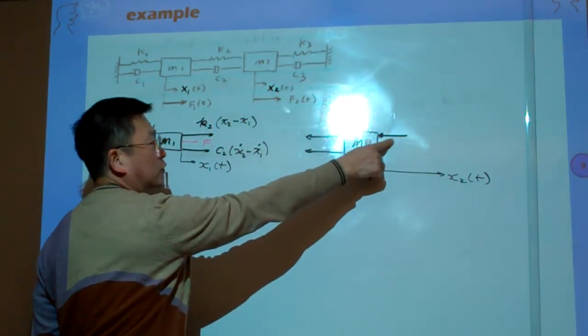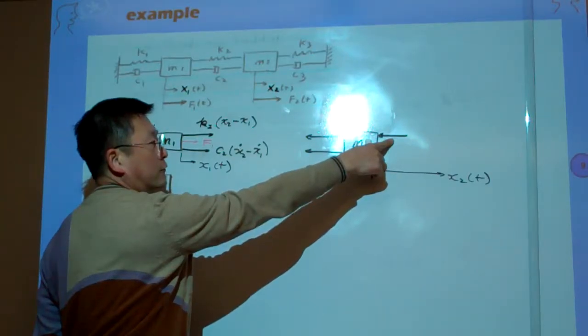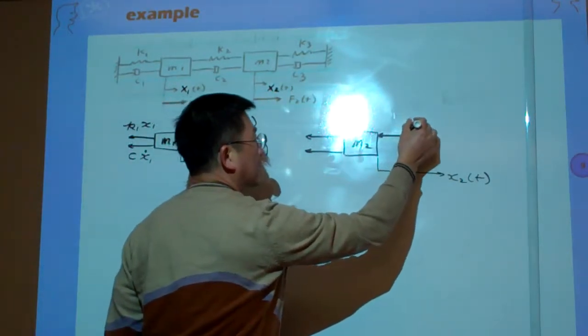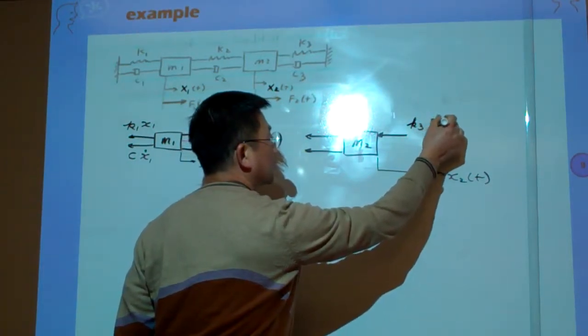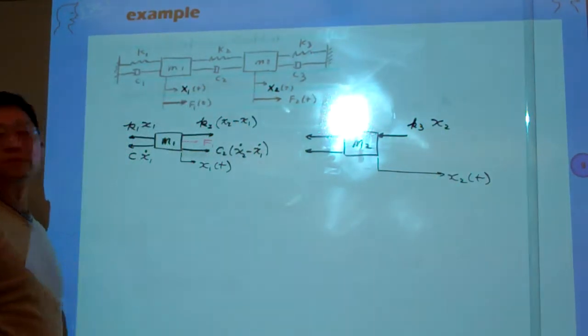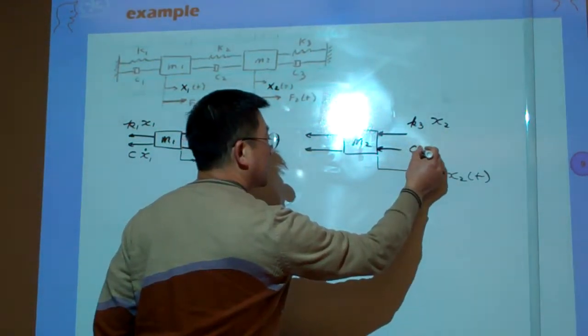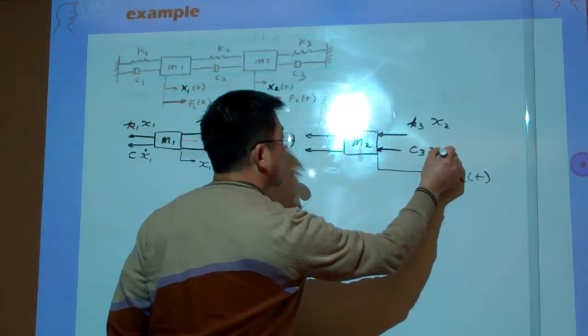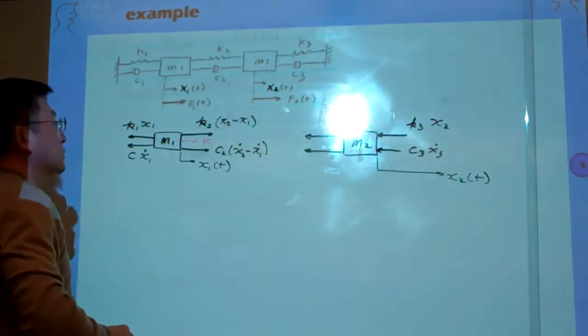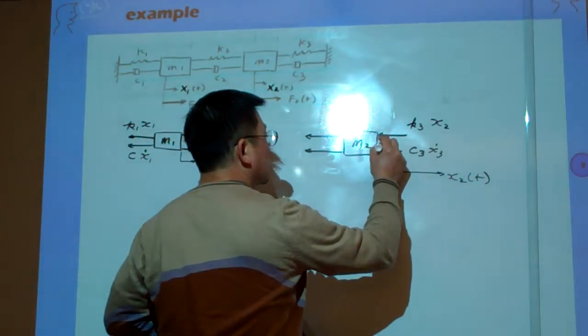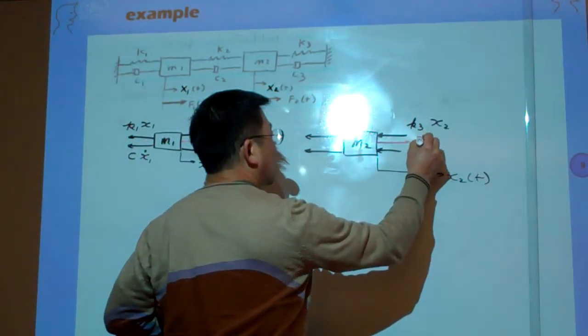A compressed spring tries to push back, so that force pushes back on M2. The magnitude is K3 multiplied by x2, and in a similar way, C3 times x2 dot. And on M2, we have another externally applied loading, called F2.